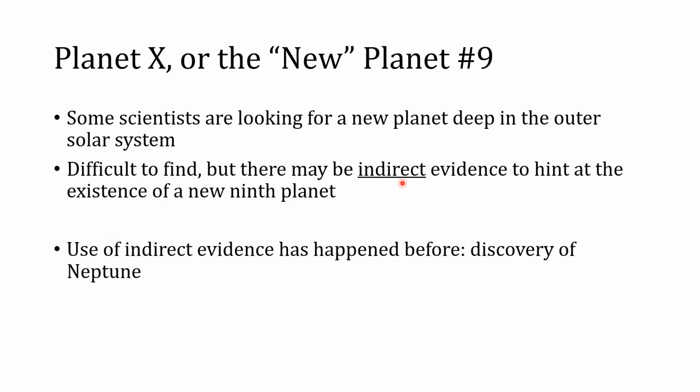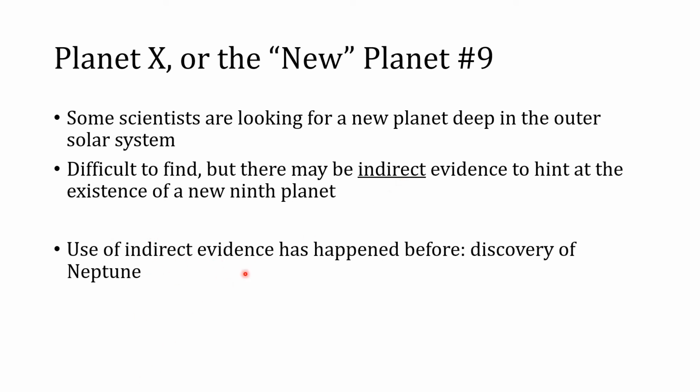It's like if you're watching how Pluto moves, and you see that Pluto's not moving exactly the way it's supposed to, then that might hint to there being something more massive hiding behind it that's pulling on Pluto. So that's not happening with Pluto, at least as far as I know, but it is happening with other objects. Their orbits are pointing towards the possibility of the existence of another planet, a new ninth planet elsewhere in the deep solar system.